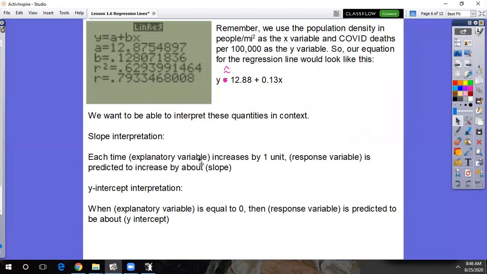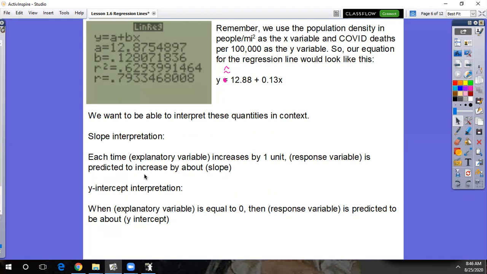The first one we're going to talk about is the slope. For this slope of 0.13, what the slope actually means is each time the explanatory variable increases by 1 unit, the response variable is predicted to increase by about whatever the slope is. This "predicted to" is extremely important because this is just a prediction for the data.